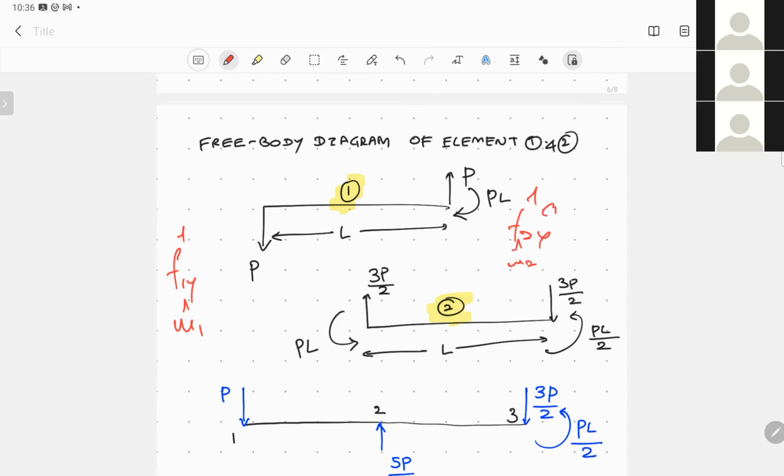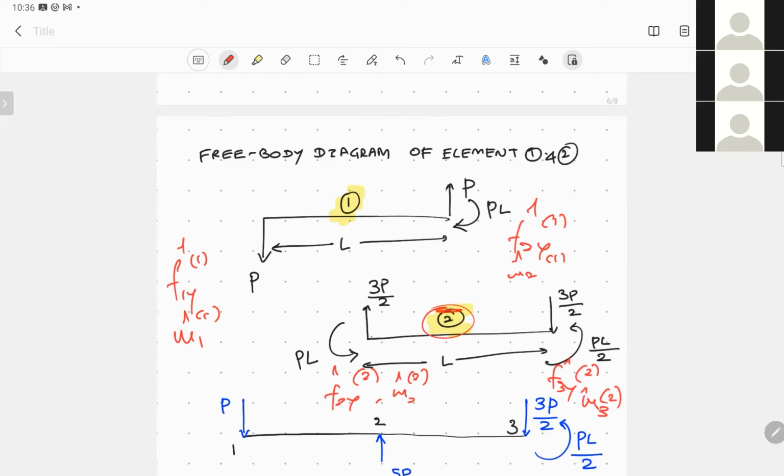This is, of course, considering element 1. Similarly, you can consider element number 2 here, which I have shown: F2y hat, M2 hat for element number 2, and F3y hat, M3 hat for element number 2.